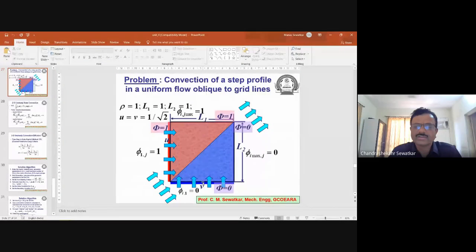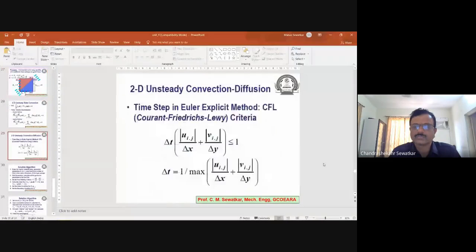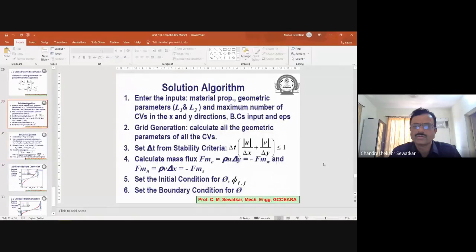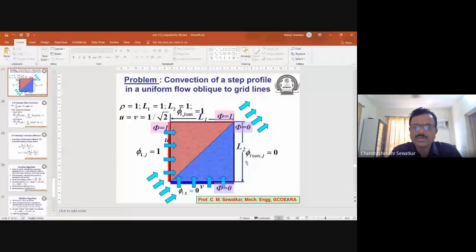Along this direction, I have plotted the phi value. My phi is bound to be larger in this region. So it is changing in the central region only.